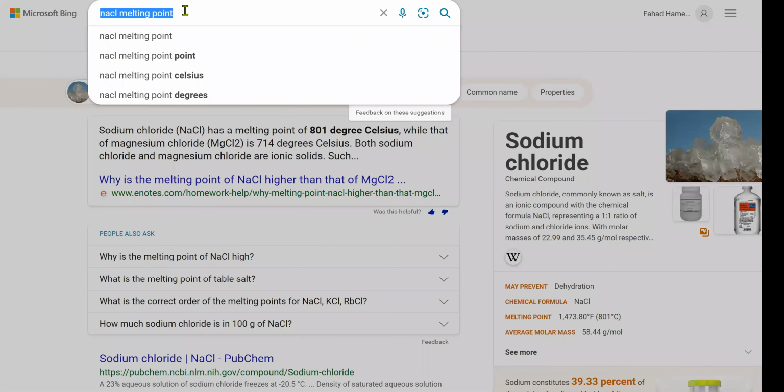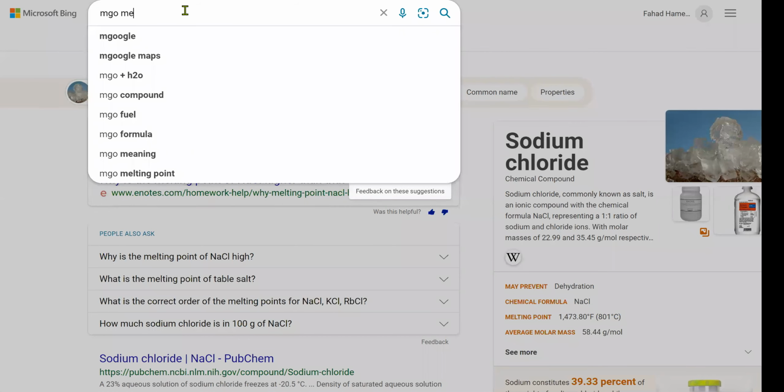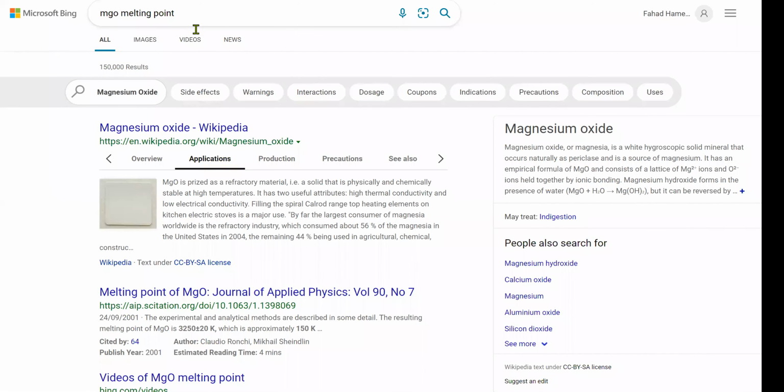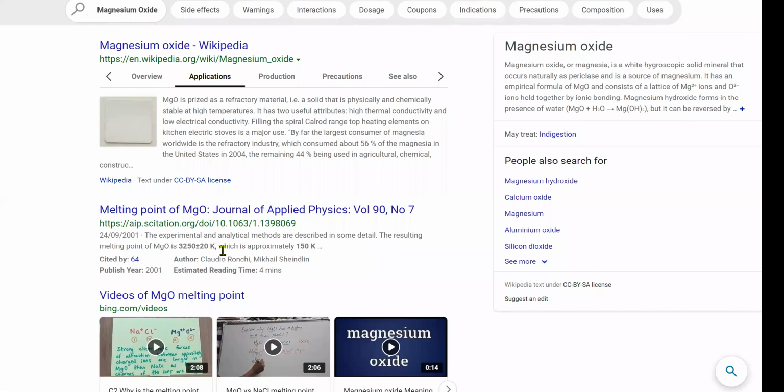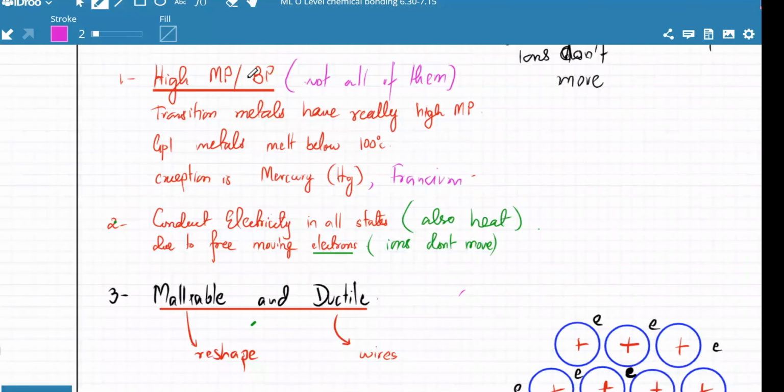You pick MgO, and the melting point is 3,250. So that's really high. So these ionic compounds always have high melting points. Metals, not always. Is that clear?